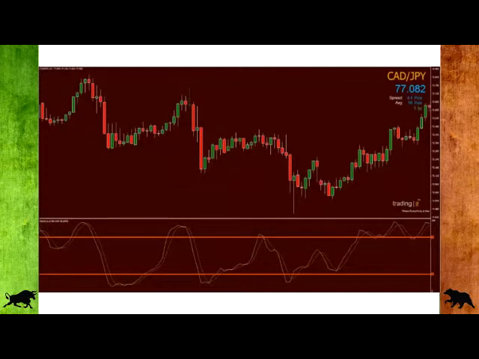One can employ levels into a stochastic to highlight the overbought and oversold status of the market. An overbought situation is considered to be a period that the market has moved up considerably, and according to the indicator and its calculations, by measuring current price and historical data, highlights a potential change in momentum.